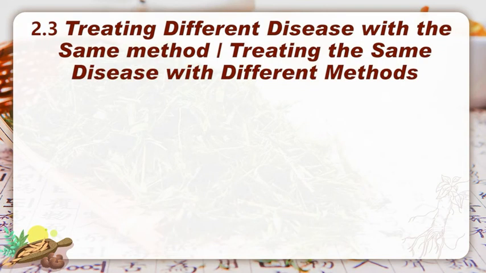In the end, based on our full understanding of syndrome and syndrome differentiation, we approach the last content of today, two terms. Treating different diseases with the same method, 异病同治, and treating the same disease with different methods, 同病异治. I think if we have been very clear about the concept of syndrome, both of these terms won't be a problem to understand.